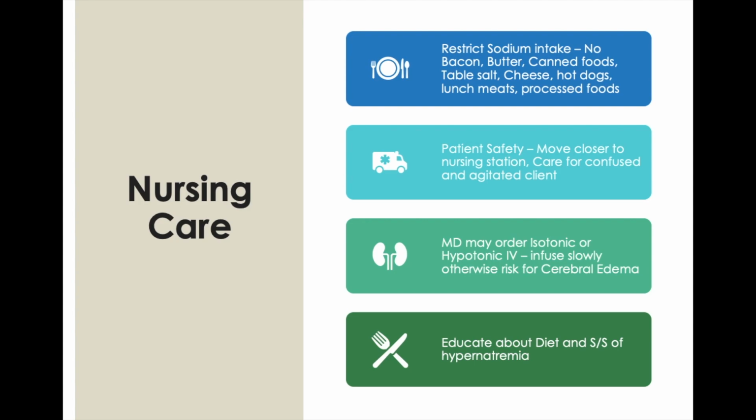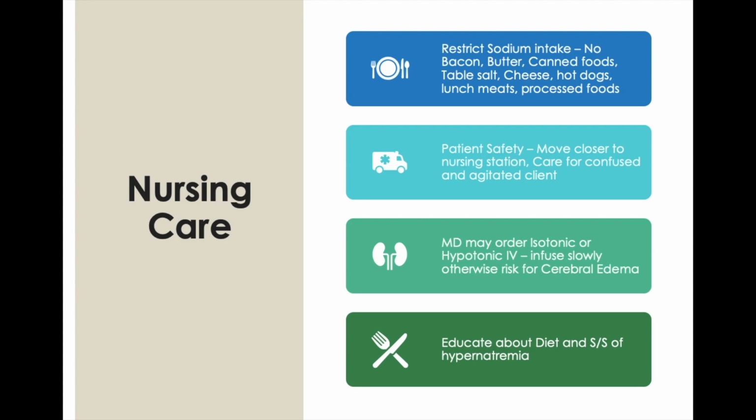The cup noodles, bacon, table salt, processed foods, all of those things are high in sodium, so the patient does have to try to eat less of that. You always want to put the patient closer to the nursing station because they do have an altered mental status, and they do have confusion and agitation, especially if they're elderly, and you want them as close as possible to make sure that you're monitoring them.